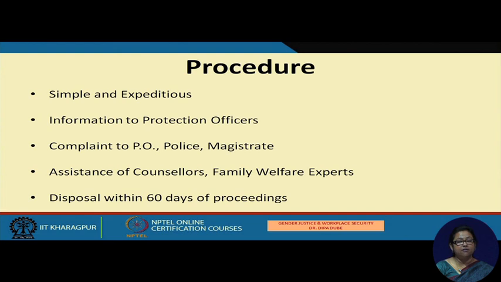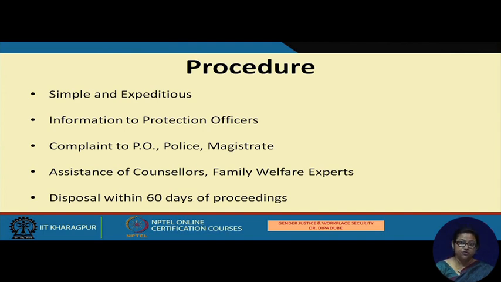So, it is a very speedy and very simple remedy, because there are some institutions or officers which have been created to assist the functioning of the Act. There are the protection officers who are to be notified by the states.